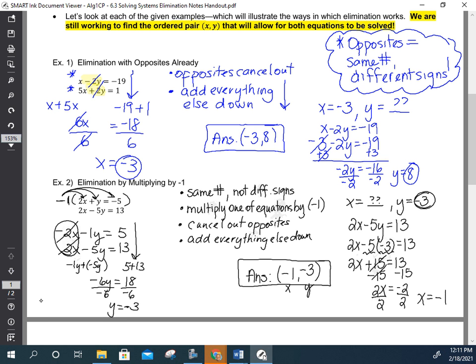Examples 3 and 4, you'll get to see if you can multiply real good. If you can multiply real good, examples 3 and 4 are not that bad. If you know your multiplication is a little weak, you might need to go pull up a multiplication table. You don't need that.